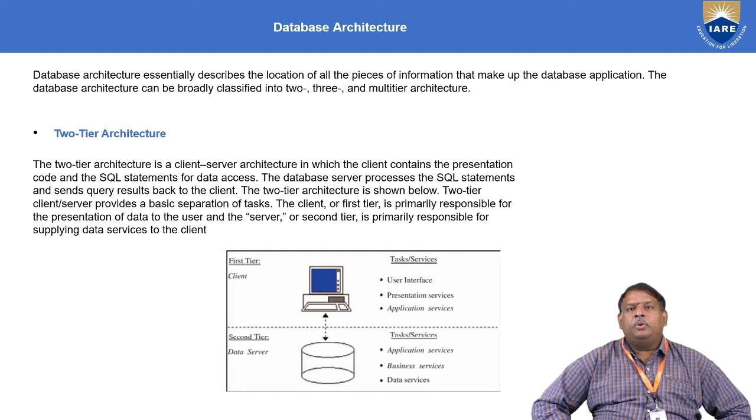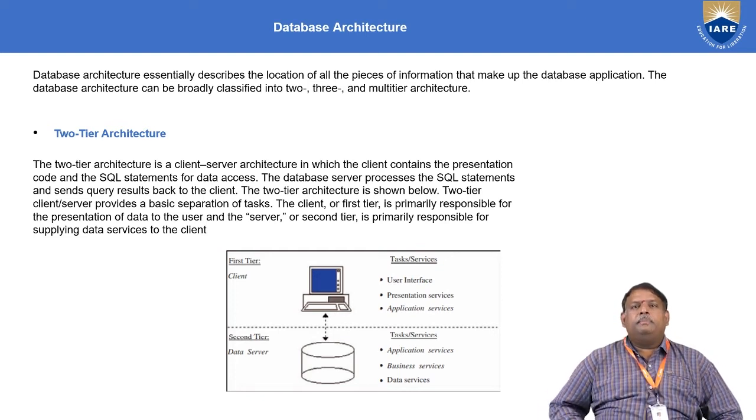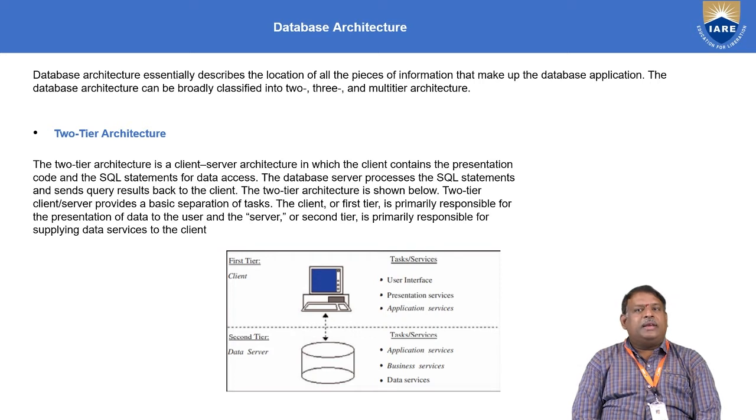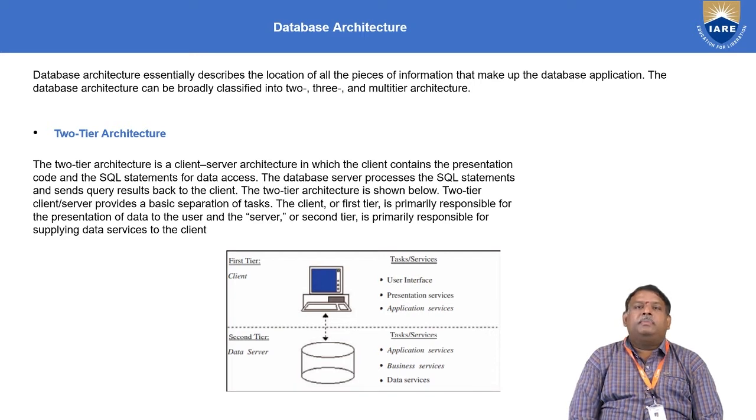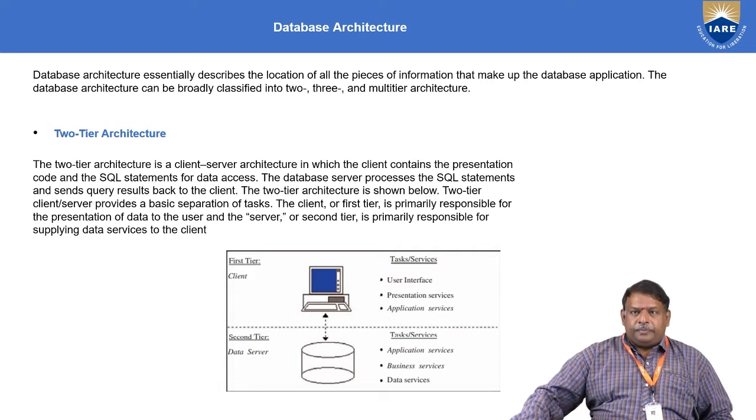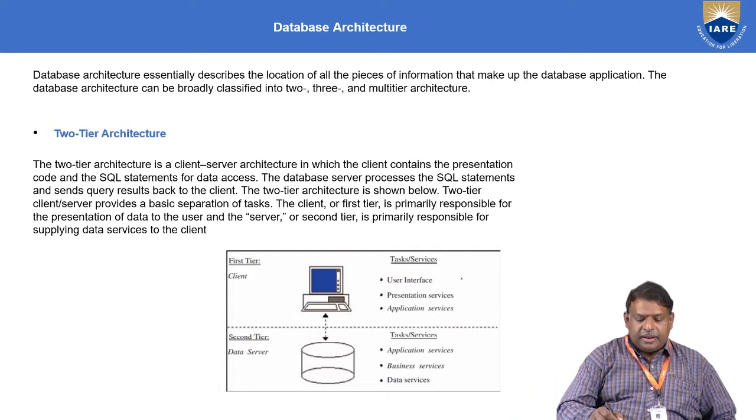A 2-tier client-server provides a basic separation of tasks. The client, or first tier, is primarily responsible for the presentation of data to the user, and the server, or second tier, is primarily responsible for supplying data services to the client. Here you see an example. The diagram structure is: the first is the client and the second is the database server.